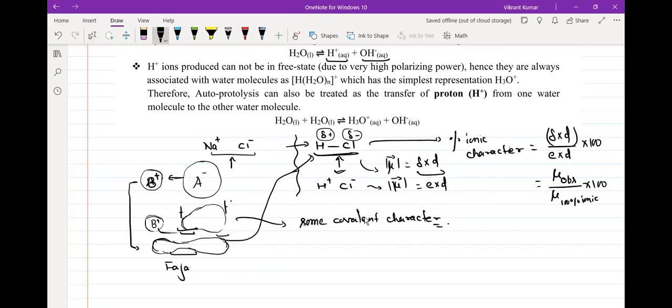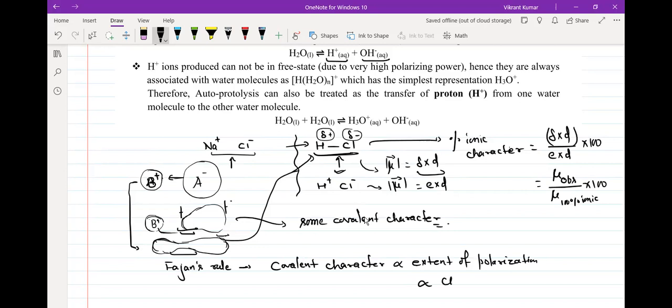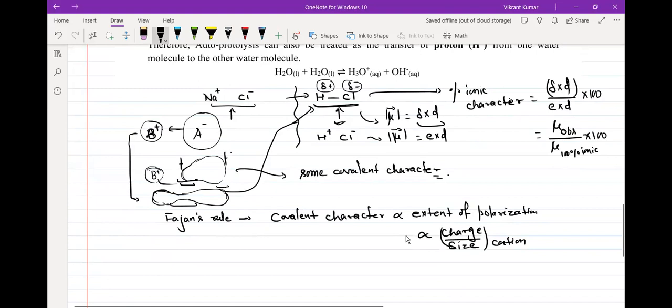That Fajans' rule says covalent character increases with increase in extent of this polarization, and this extent of polarization will be greater if charge upon size of cation is more, and it will also be proportional to charge into size of anion. Okay, clear है यहाँ तक?